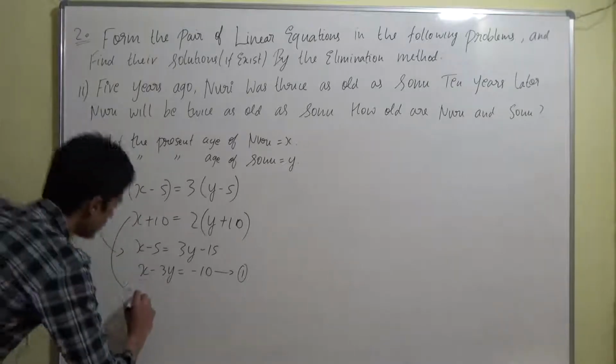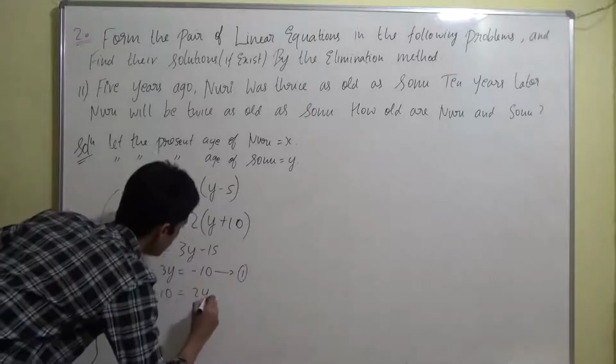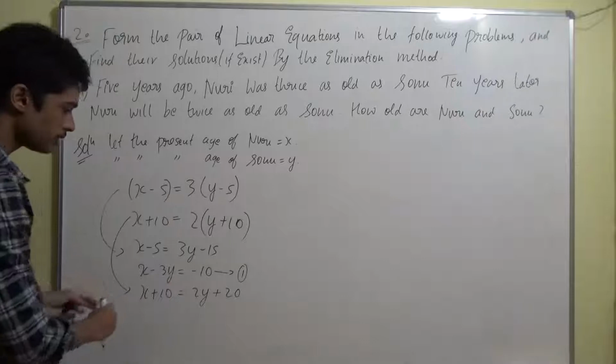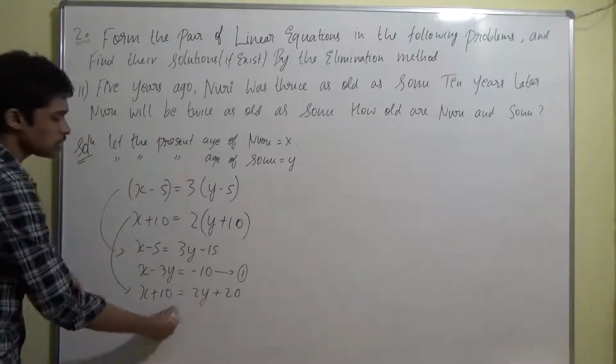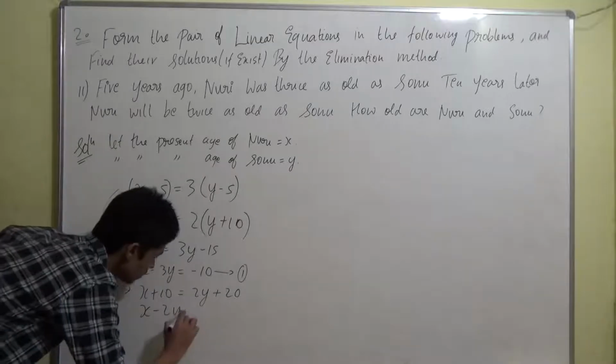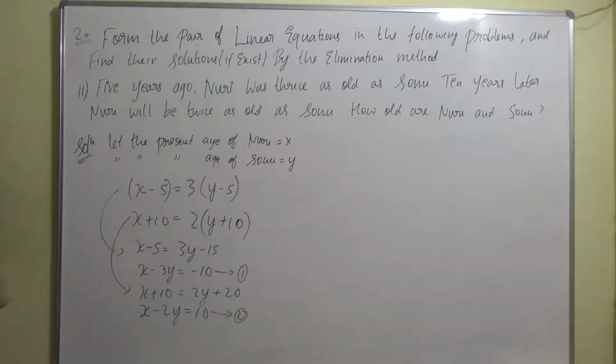It becomes X plus 10 equal to 2Y plus 20. Now let's bring all the variable terms to one side and keep all the numerical or constant terms on the other side. We are doing the same process for all the questions. So by now you must have become thorough with it. So this is equation 1 and this is equation 2.